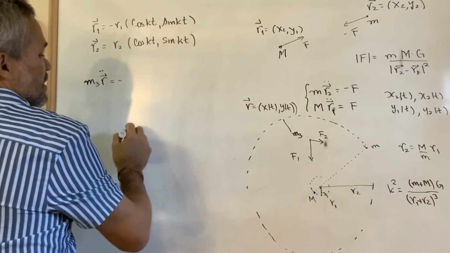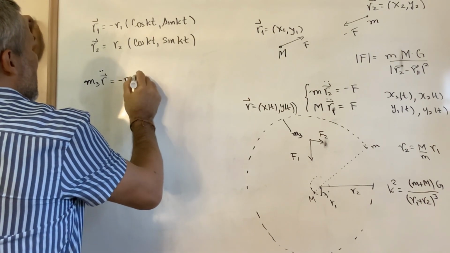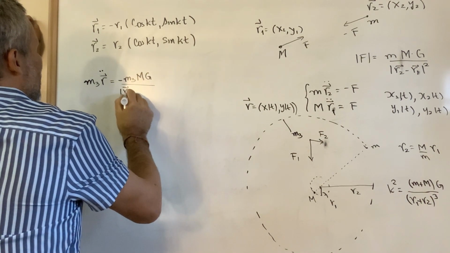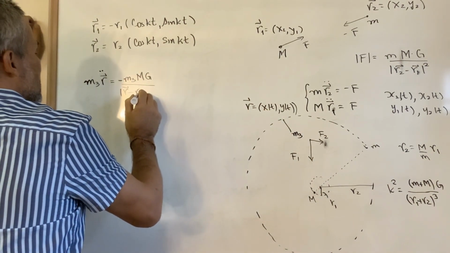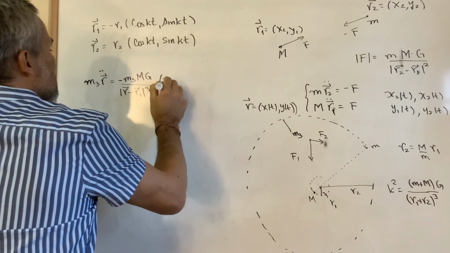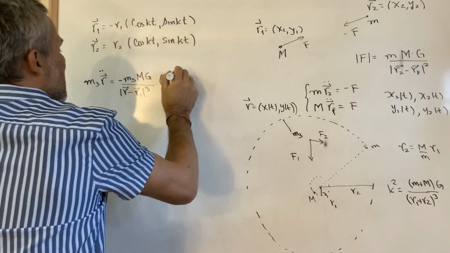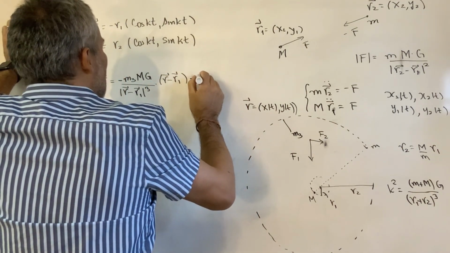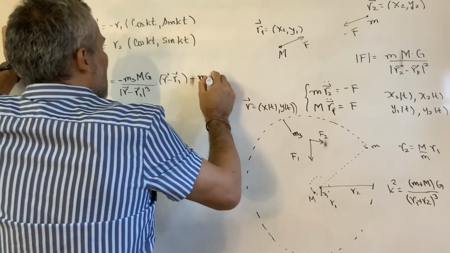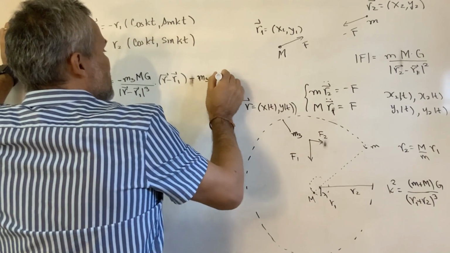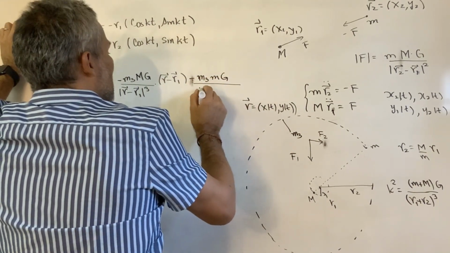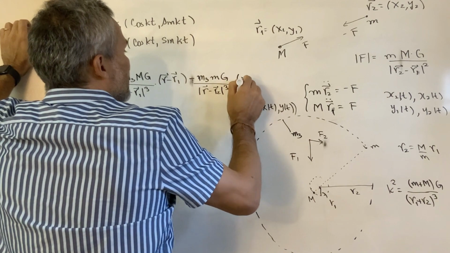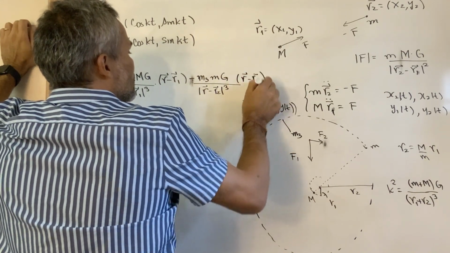F1 is negative m3 times mass capital M times G over the distance between the two, which is this, cubed, times the vector r minus r1, minus m3 times little m, which is the mass of this body, times the gravitational constant over the norm of r minus r2 cubed times the vector r minus r2.